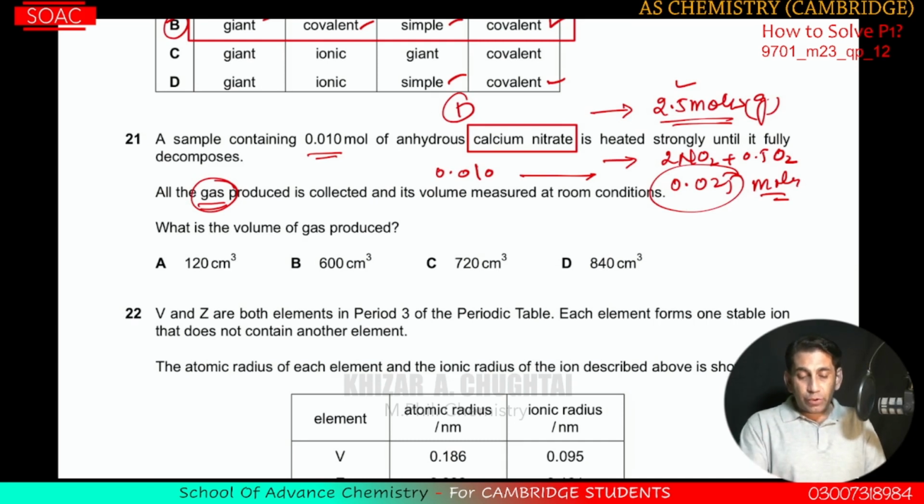To change into volume at room temperature, I multiply it by 24,000, because 1 mole of any gas at room temperature has 24,000 centimetre cubed. So multiply by 24,000 and the answer is 600. B is the correct option.